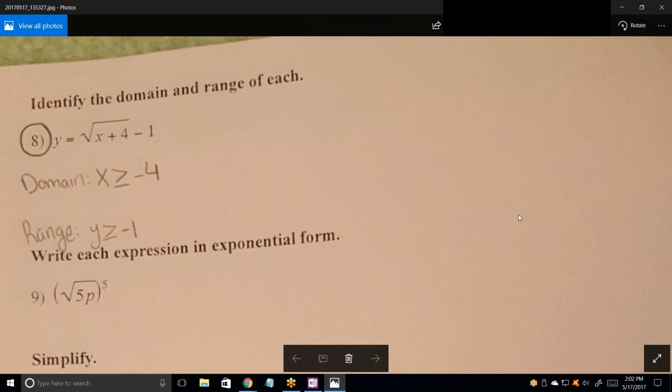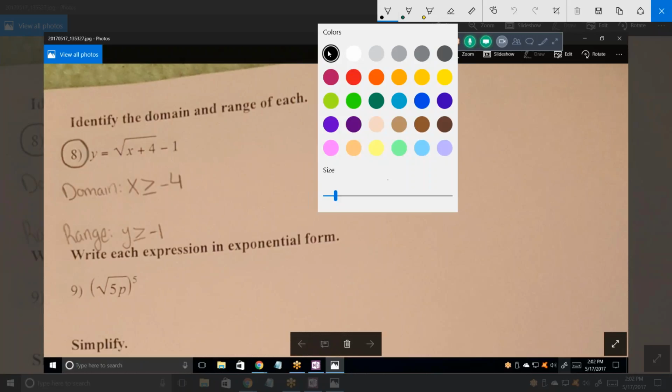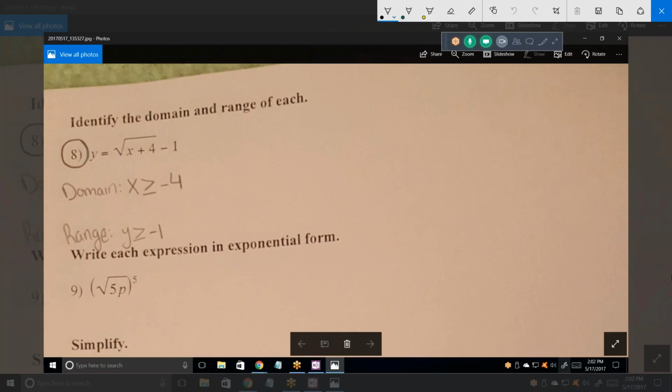The domain you have is perfect. Okay. The range you have is perfect. Really? All right. In other words, here's the thing. That dictates the domain.